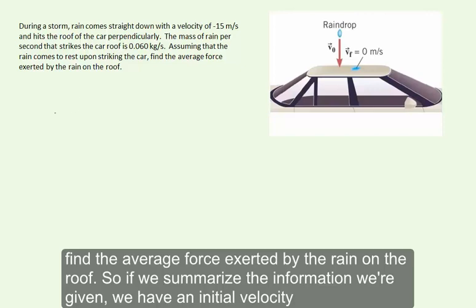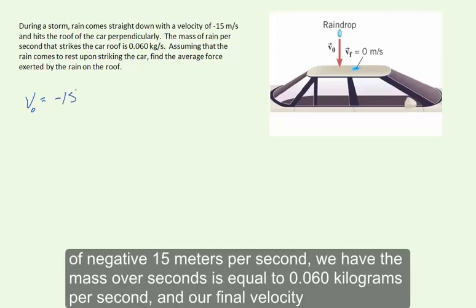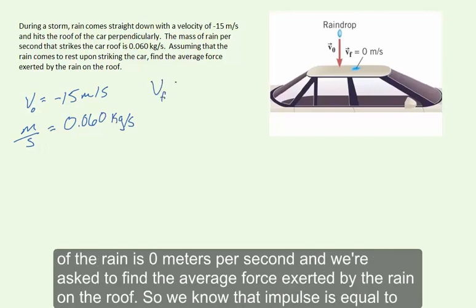So if we summarize the information we're given, we have an initial velocity of negative 15 meters per second. We have the mass over time equal to 0.060 kilograms per second. And our final velocity of the rain is 0 meters per second. And we're asked to find the average force exerted by the rain on the roof.